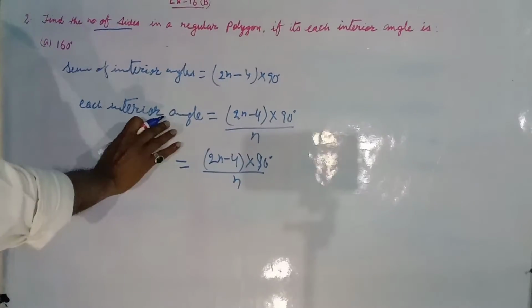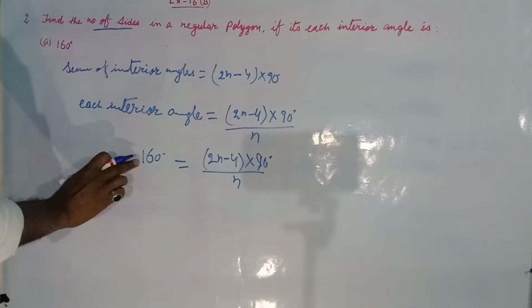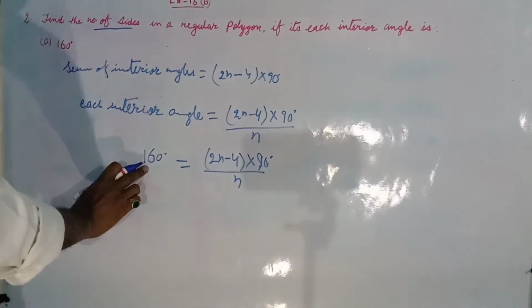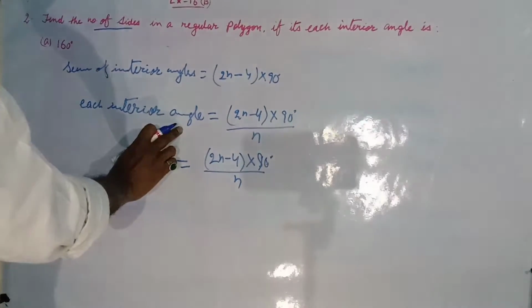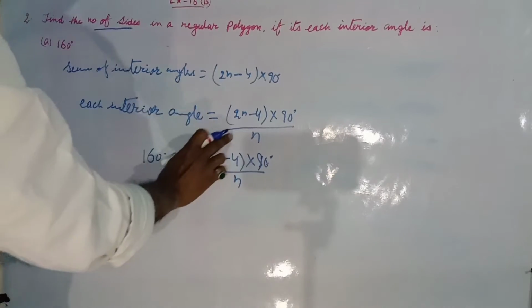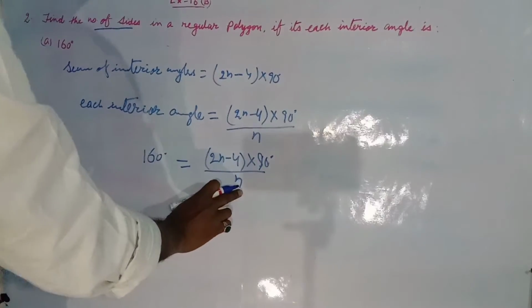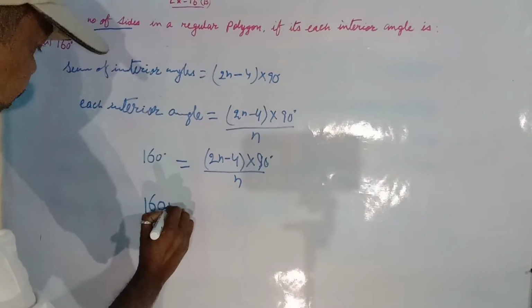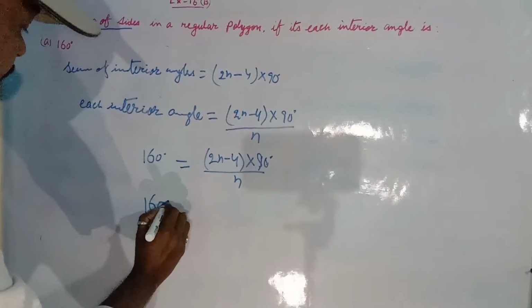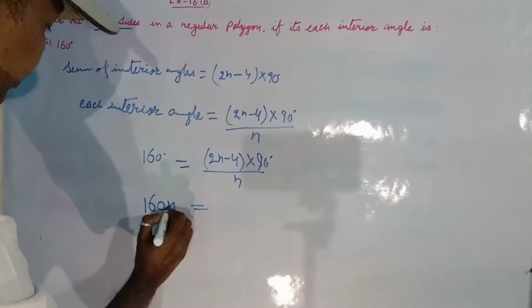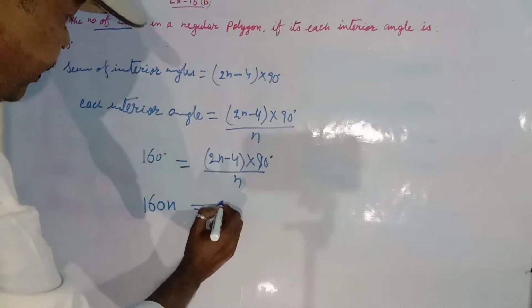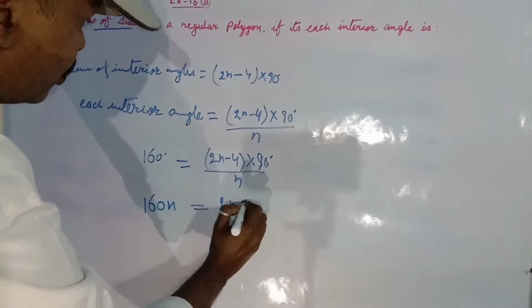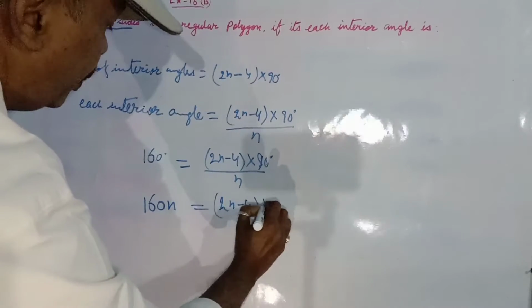And now each interior angle is given 160 degree, so we have written 160 degree in the place of each interior angle, and then equals to 2n minus 4 into 90 by n. Now we will transpose here, and this will be 160n, and then 2n minus 4 into 90.